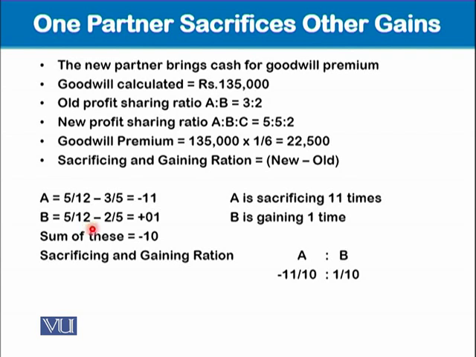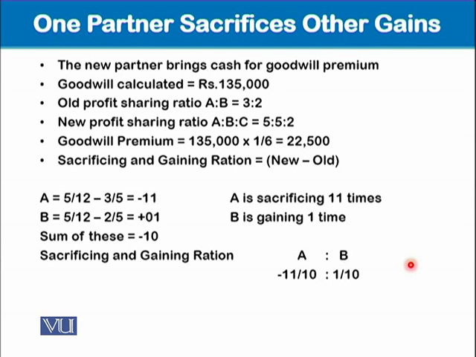Before, B was getting 2 slices out of 5 slices. Now B is getting 5 slices out of 12 slices, plus 1, so 1 time is gaining. The sum is minus 10. So the sacrificing and gaining ratio will be minus 11 by 10 and plus 1 by 10. So this is the sacrificing and gaining ratio.